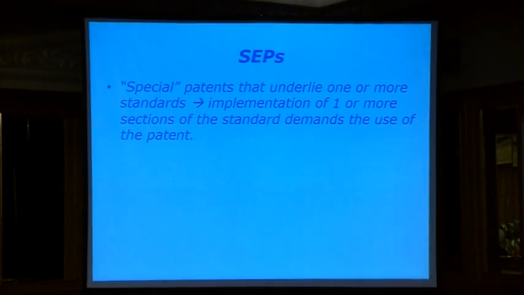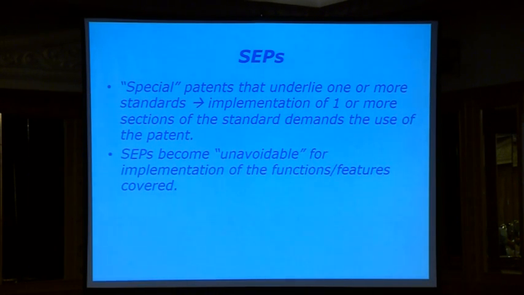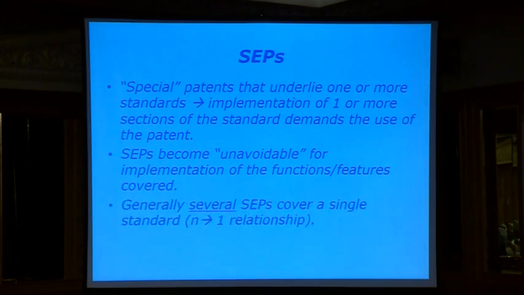Now we come to SEPs. These are special category patents that underlie one or more standards, and the implementation of one or more sections of the standards. It's generally not that the whole standard is mapped to one patent. It's several patents mapping onto a standard, and certain sections will demand the use of a certain patent. SEPs become unavoidable for implementing certain features that we all know.